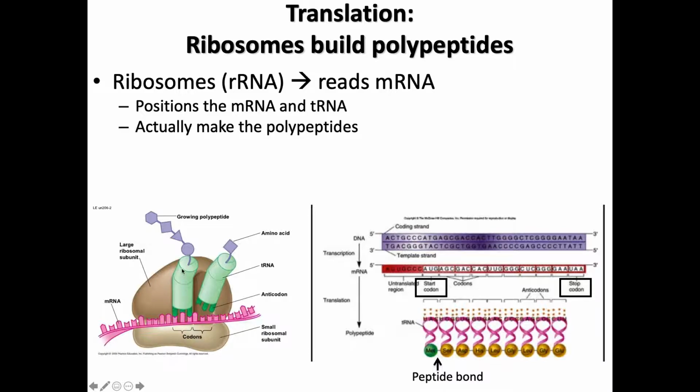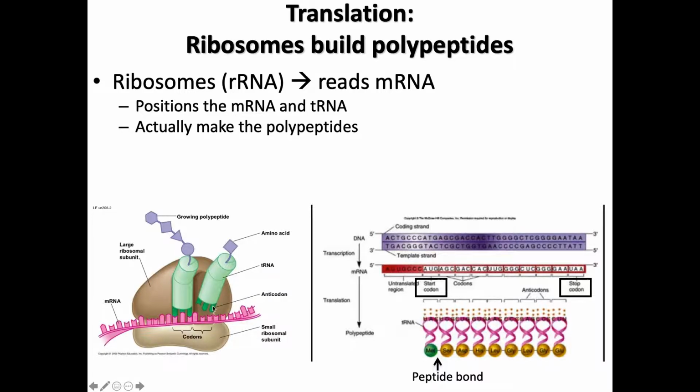Next, once you have that first amino acid, this whole ribosome is going to move forward and read the next codon in line. And then it's going to tell this tRNA with its anticodon and with its correct amino acid, you're next.